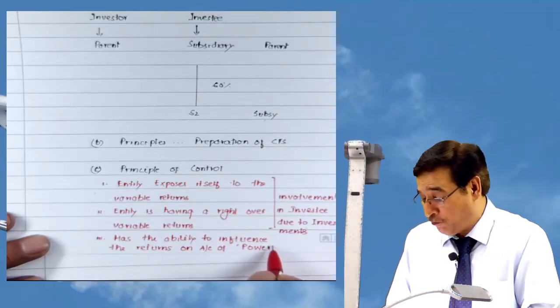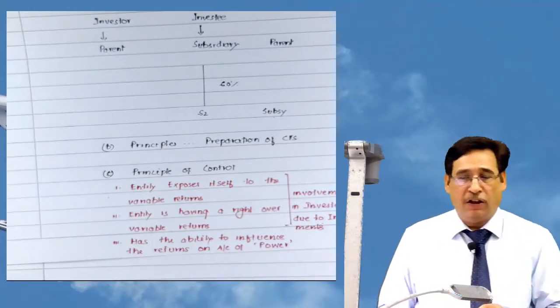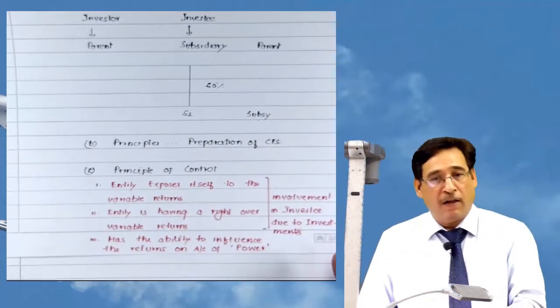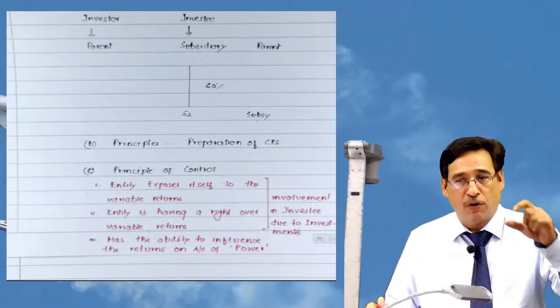This is a very significant line. When all these three things are present, then only we may say that, in view of IFRS 10, an entity is in control of the other entity.